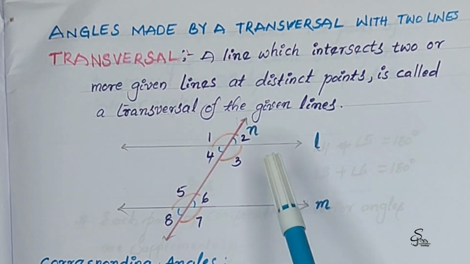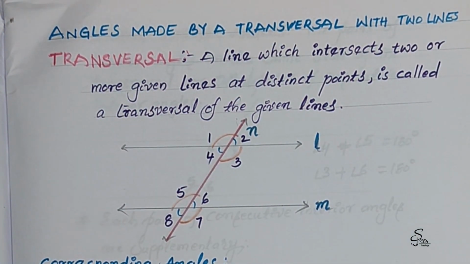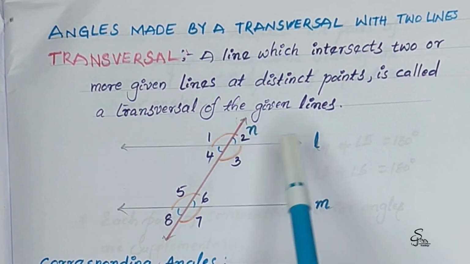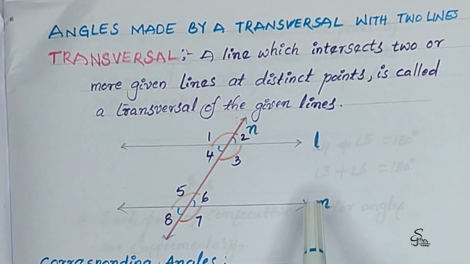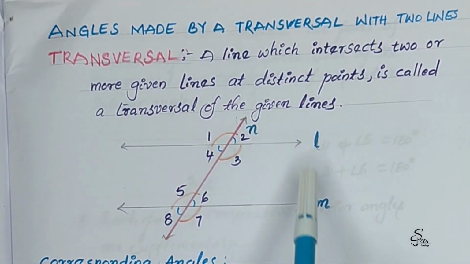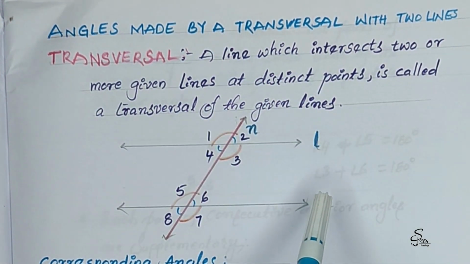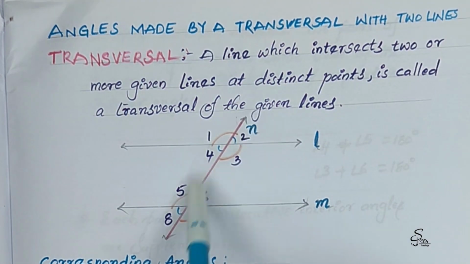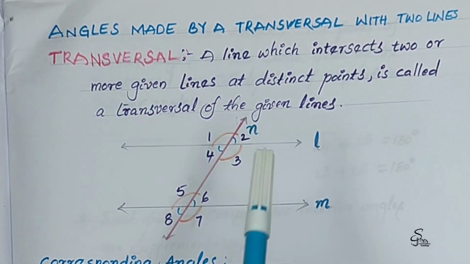So line N is a transversal of the lines L and M. The lines L and M are parallel, and N is the transversal line.